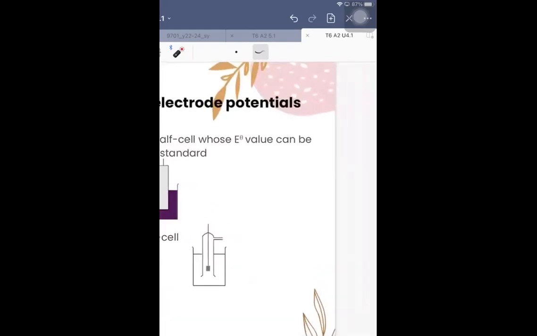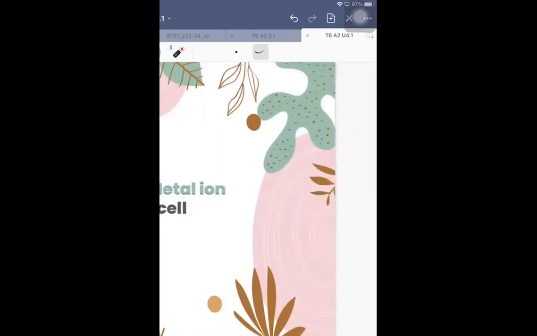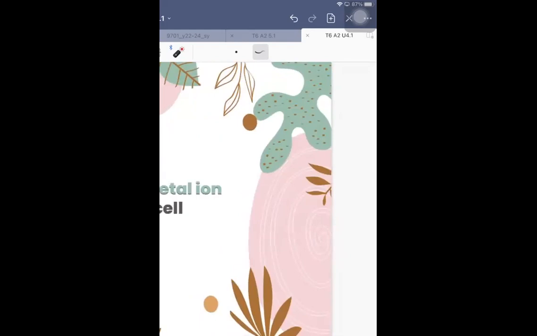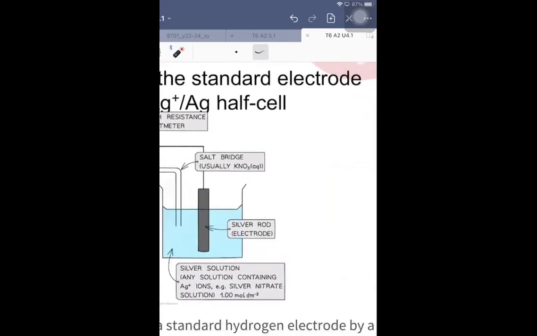Okay. So where am I going with this? Let's look at the first example, which is the metal/metal ion half cell. So metal ion is aqueous, metal is solid. We're going to look at the first example.